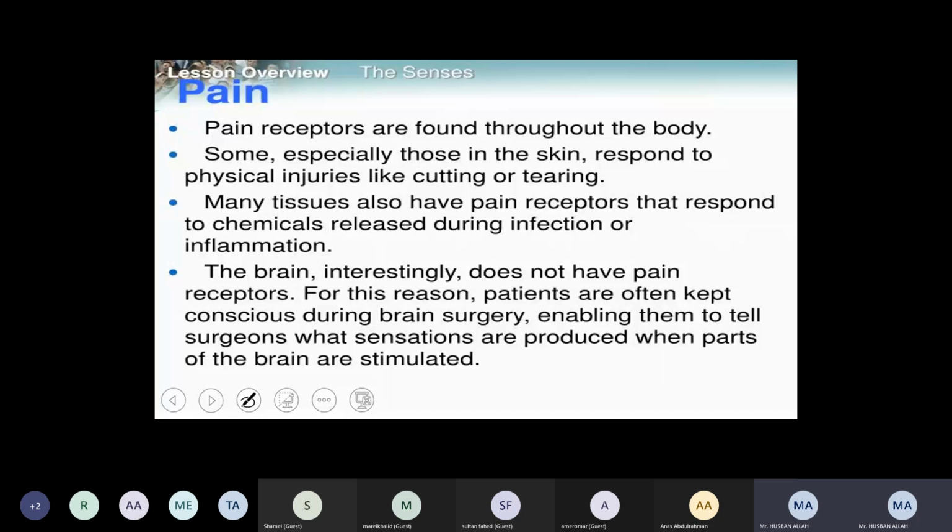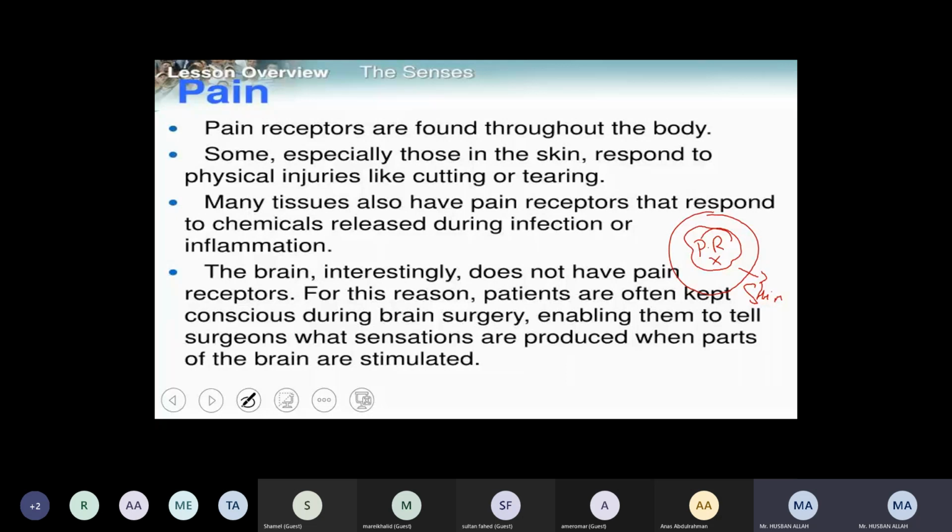But let's suppose the brain is present here. In the brain we don't have pain receptors, but the skin over the skull does have pain receptors. So if you are going to cut the skin over the skull, it has pain receptors.